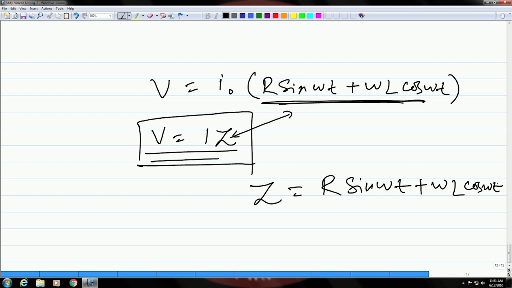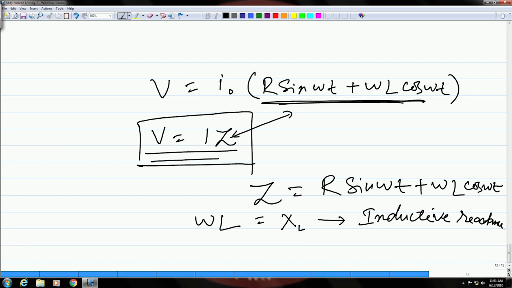We can simplify a bit by taking a parameter omega L equals XL, wherein XL is known as inductive reactance. L is the inductance and omega is the circular frequency, which is 2 pi f, f being the frequency.